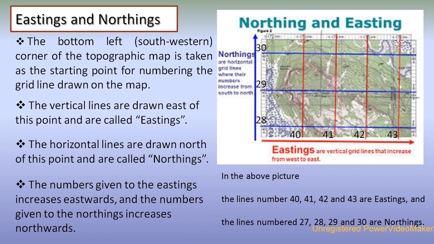The starting point is the southwestern corner. That means the bottom left corner is taken as the starting point. From there the counting increases towards the east and towards the north. So you have to keep it in mind: the southwestern corner, the bottom left corner, is the starting point of numbering the lines.